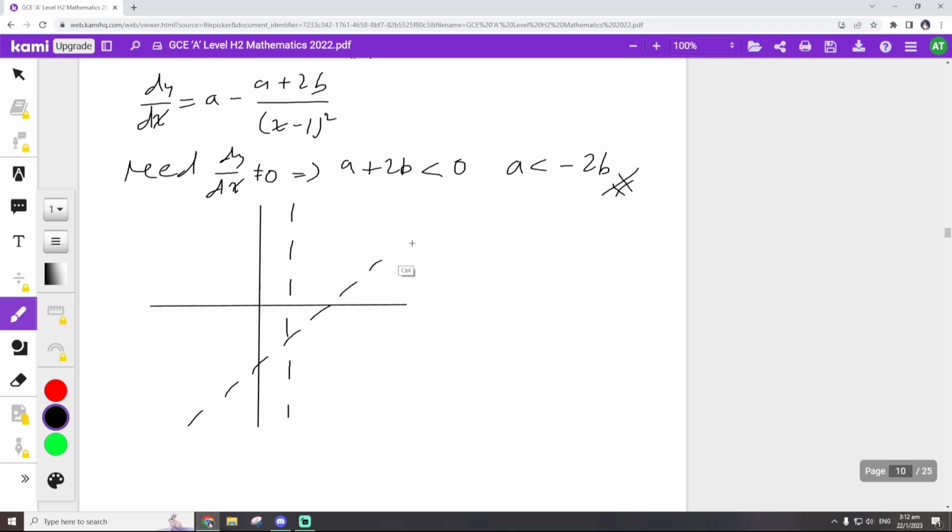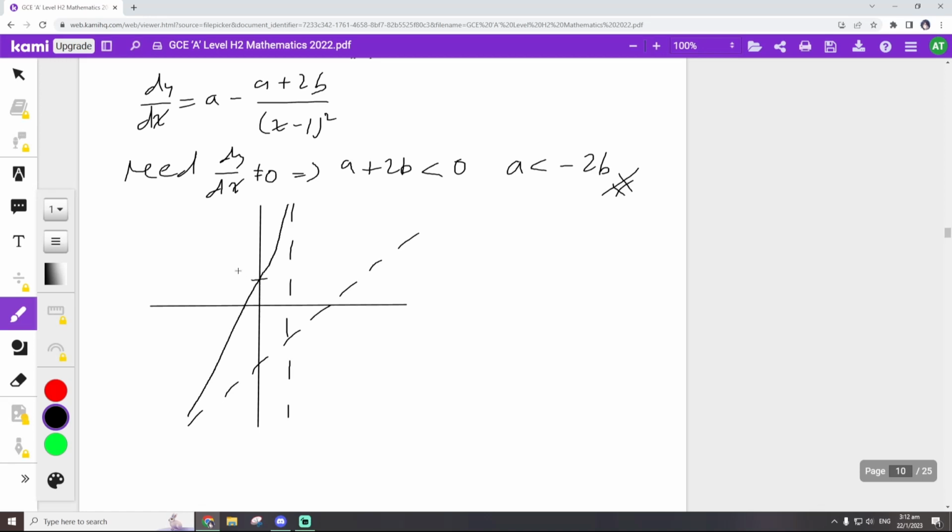Okay, then draw the curve. Make sure that it cuts through a. This will be a bit hard for me to draw, but essentially it looks something like this. It approaches the asymptote.